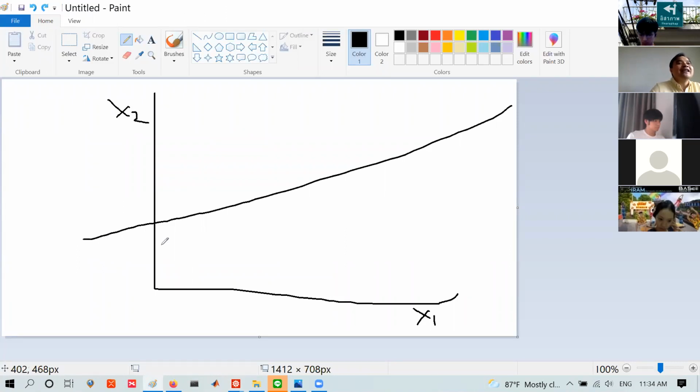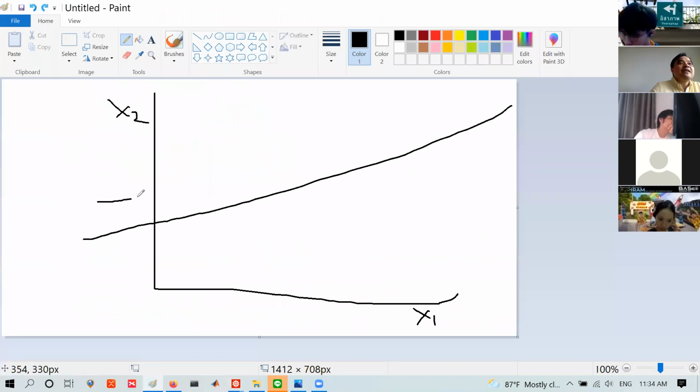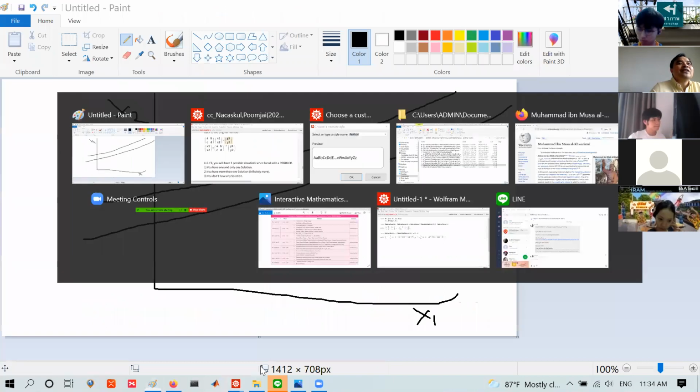You don't have 2 lines. This is why you have infinitely many solutions, because give me x2, I'll give you x1. Give me x1, I'll give you x2. It can be anything. Another situation, when C and D is a multiple of A and B, but Y2 is not the same multiple of Y1, you get conflicting. What it means is that you get parallel lines. You get no solution.